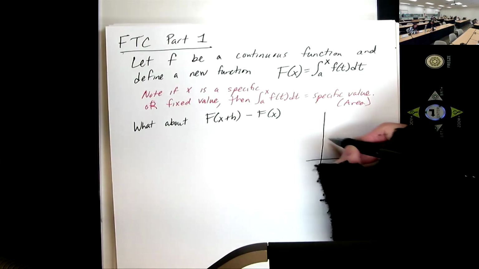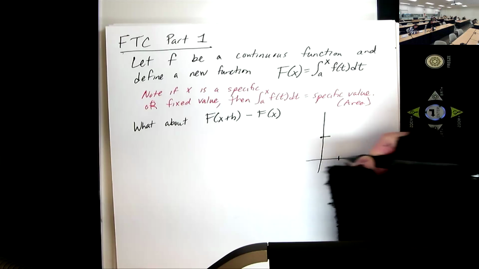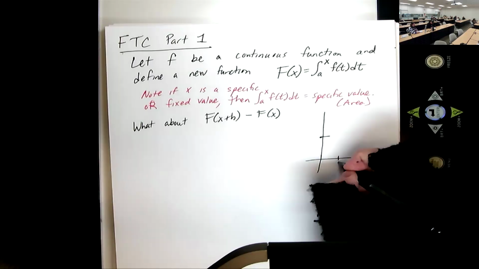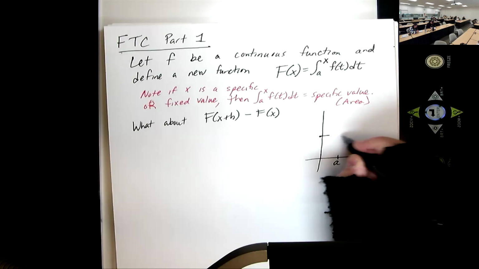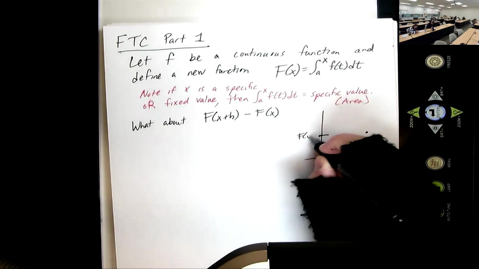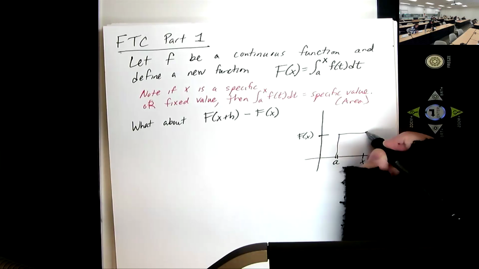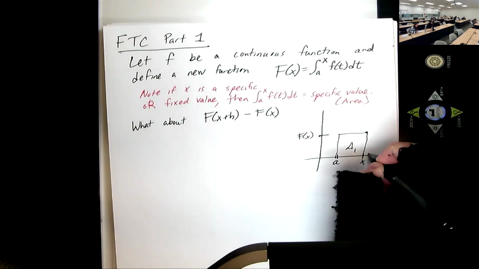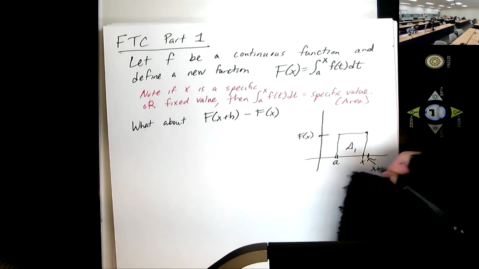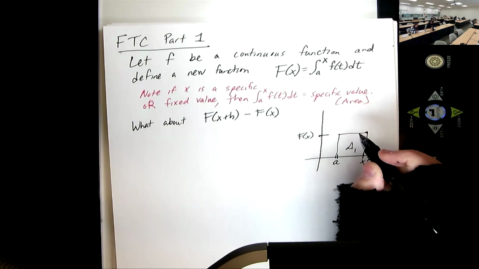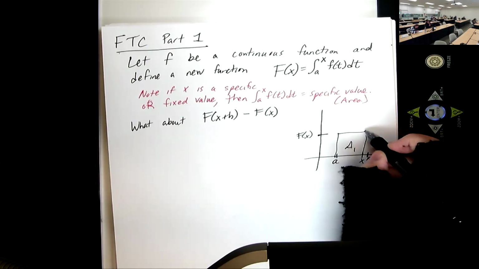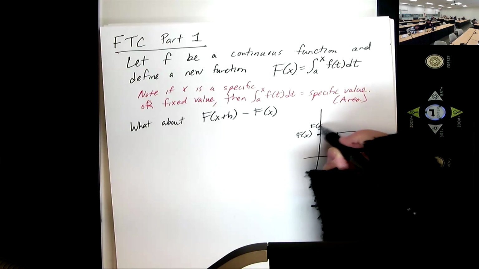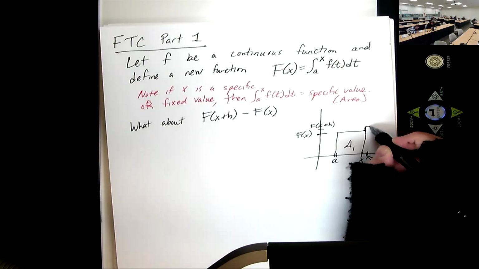So like, if this is x, well, there's a, there's x. So this is the value F of x, and that's representing some area like a1. And if I go to x plus h, where h is just a small step away, it could be a little bit higher, could be lower, but we'll say it's a little bit higher. We got it like that.